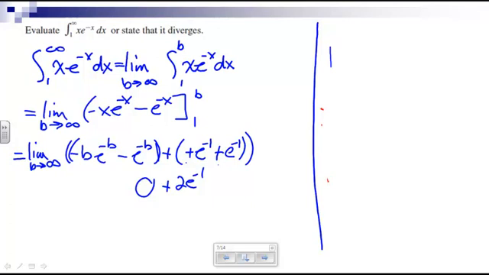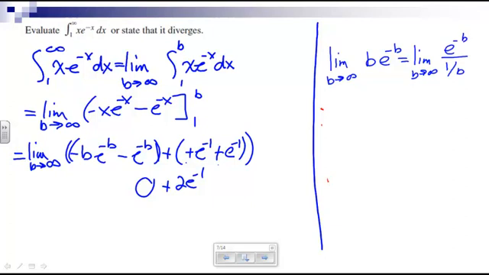All right, so what is the limit as b approaches infinity of, we'll just do the positive version of this, b times e to the negative b? Indeterminate in the form of 0 times infinity. So let's rewrite this as e to the negative b over 1 over b.